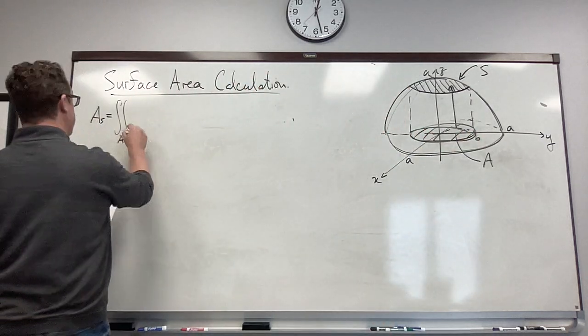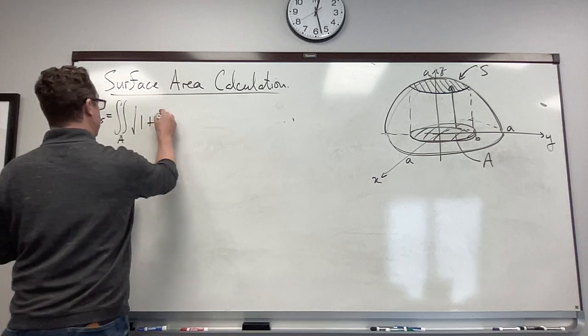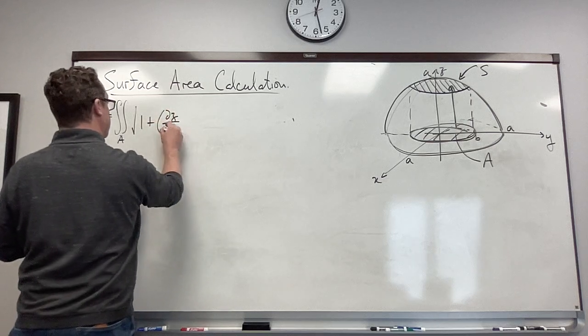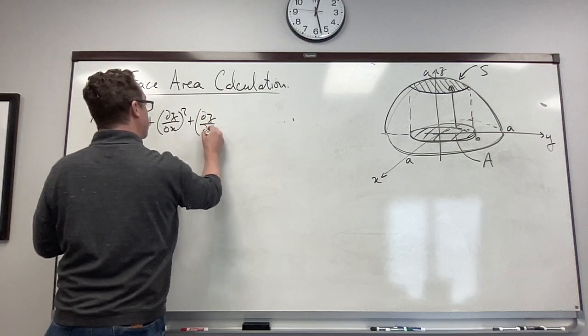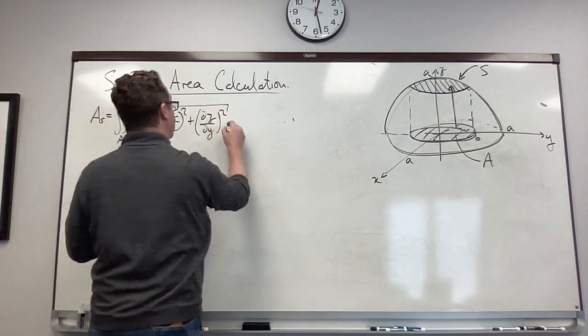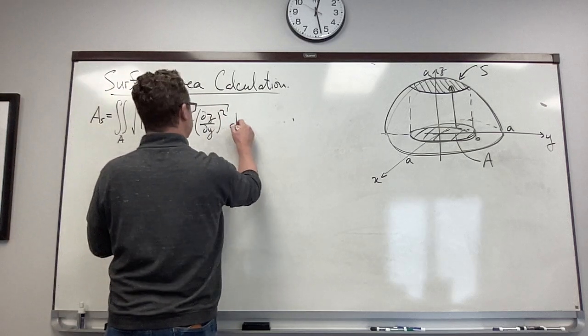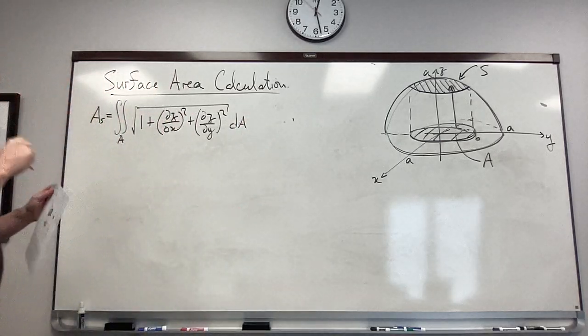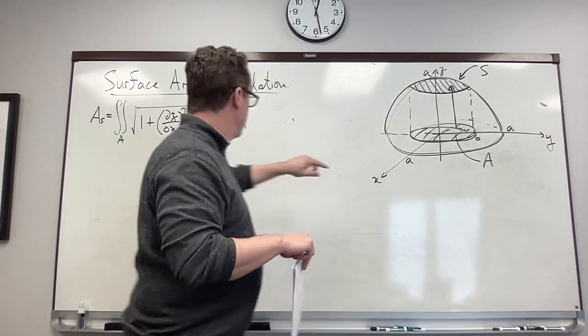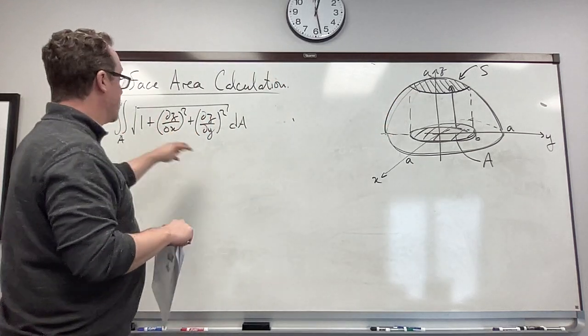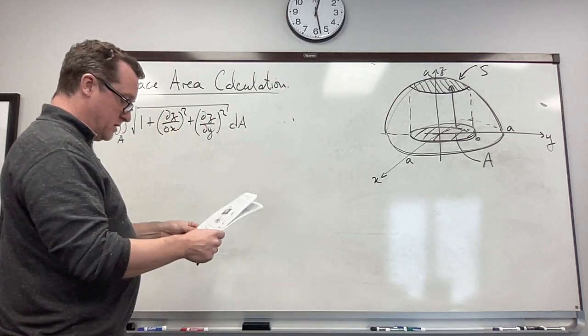It's going to be the square root of 1 plus partial z by partial x squared plus partial z by partial y squared, and then we do this over dA. Before I wrote f, but now we have z as this height function over this region. So that's what we're going to want. So what we've got to do is build those.